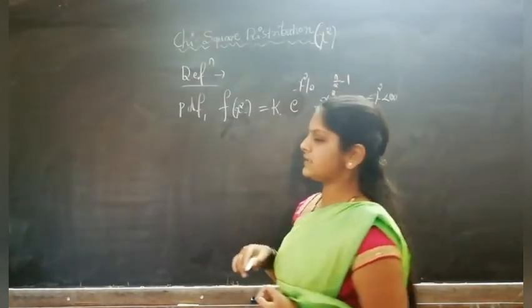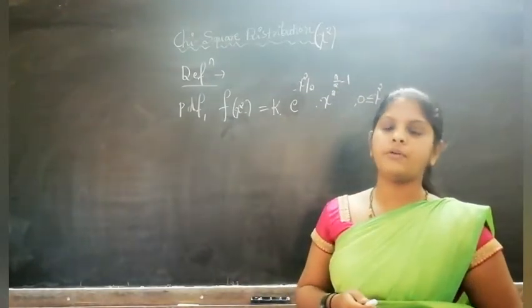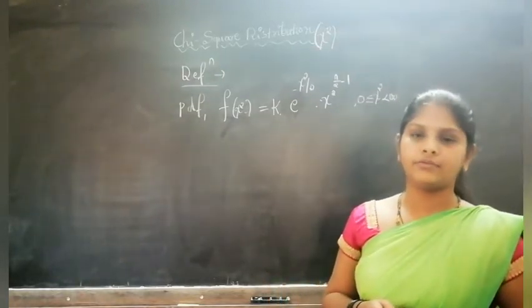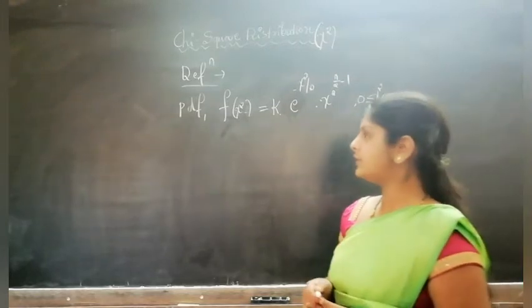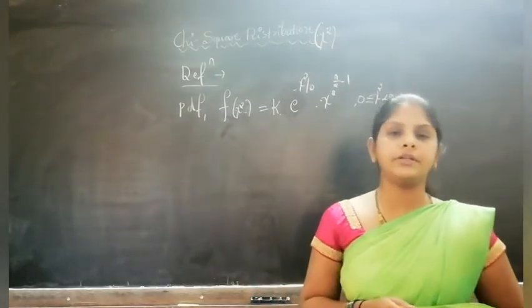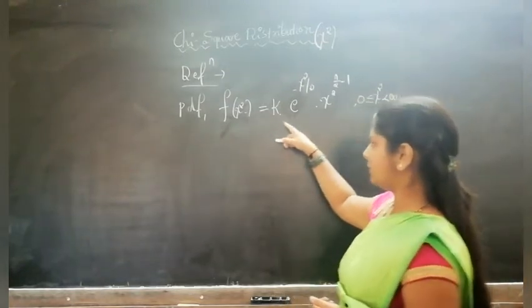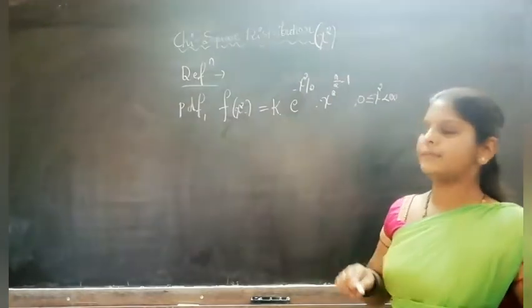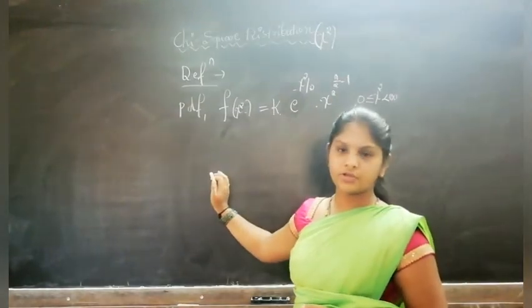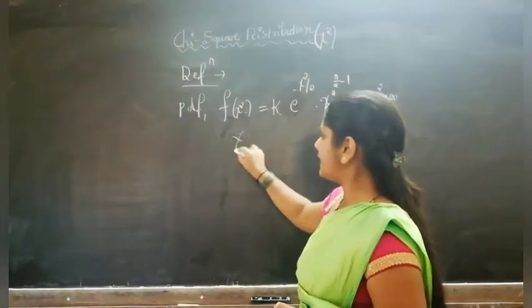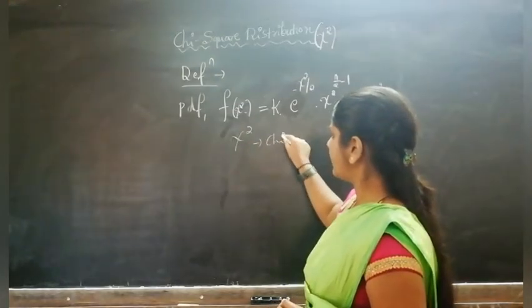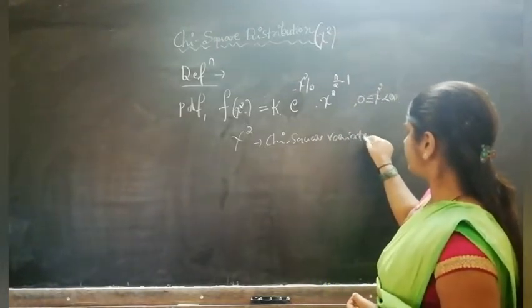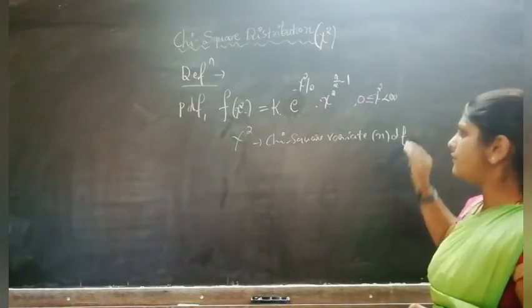Now this f of chi-square is the PDF of the chi-square distribution, and chi-square is known as the chi-square variate with n degrees of freedom. So how to define it? The continuous probability distribution with PDF f of chi-square equal to k into e raised to minus chi-square by 2 and chi-square raised to n by 2 minus 1 is a chi-square distribution with n degrees of freedom, and chi-square is known as the chi-square variate with n degrees of freedom.